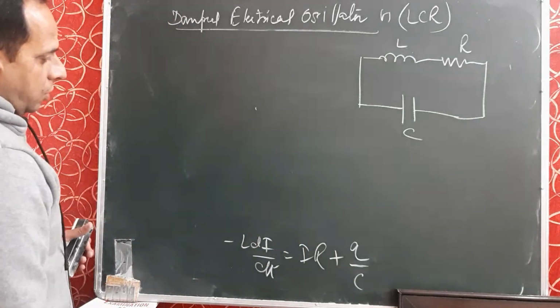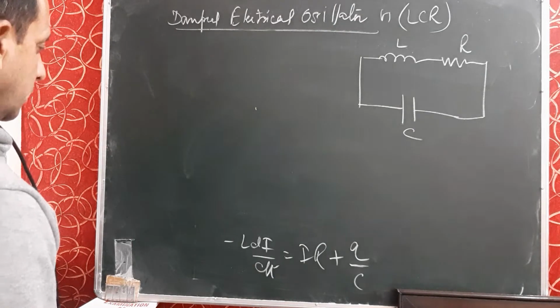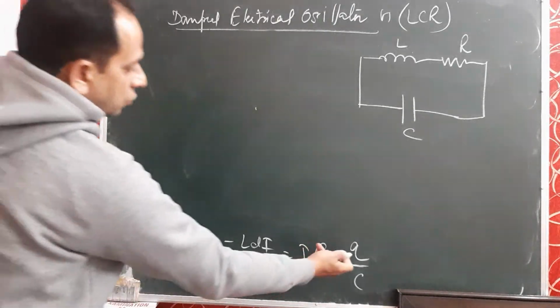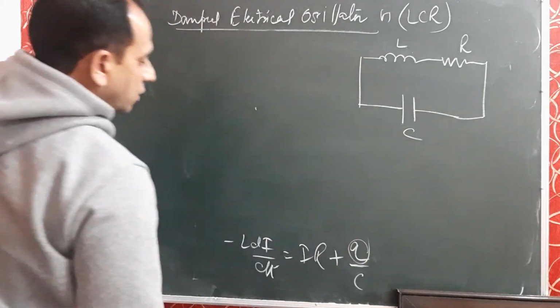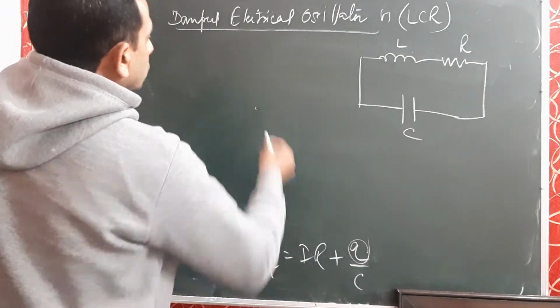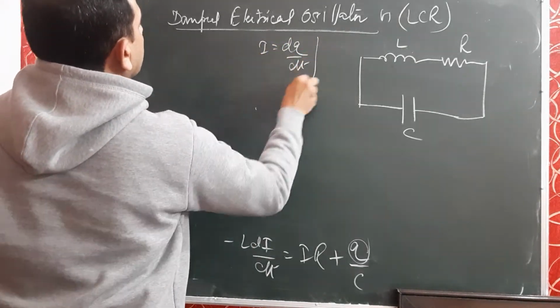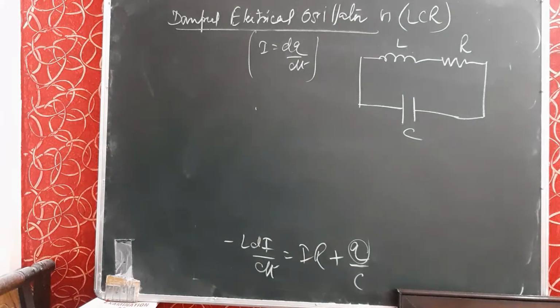Now we will convert this equation into Q terms, that is the variable charge Q, and we will change the current in terms of Q. Since I is equal to dq by dt, the rate of change of charge is called current.